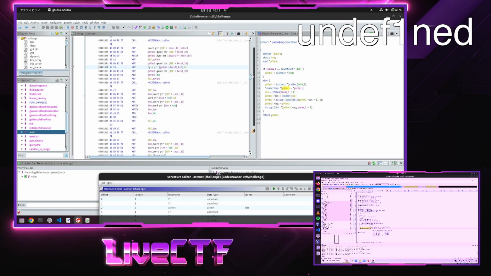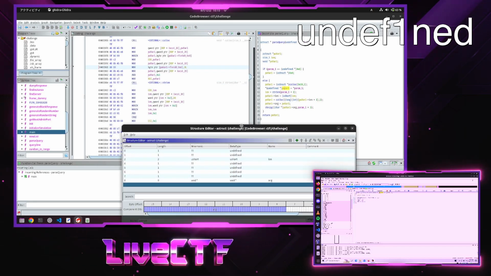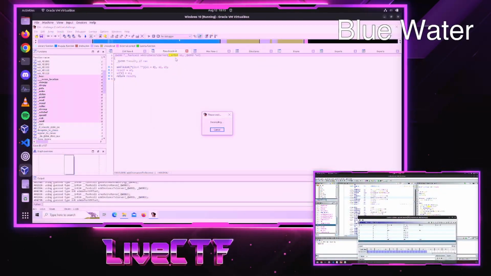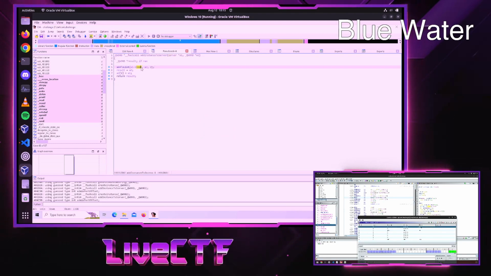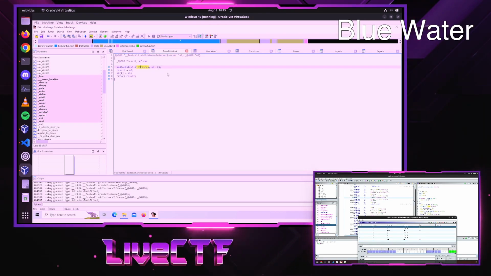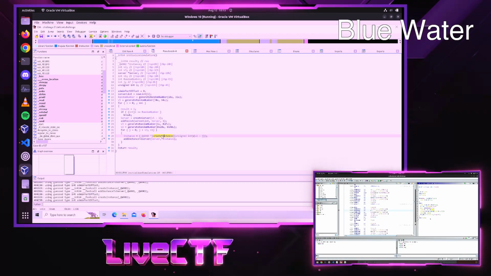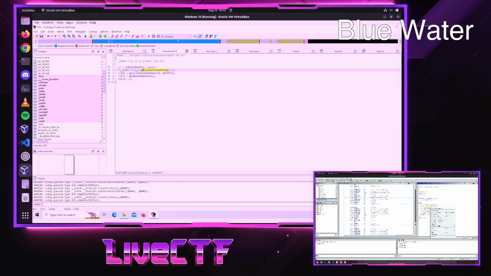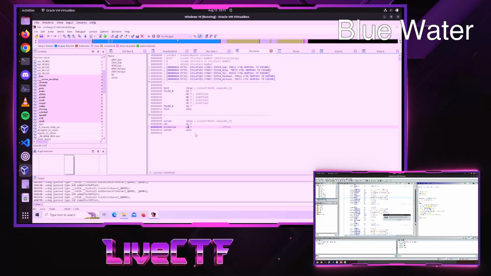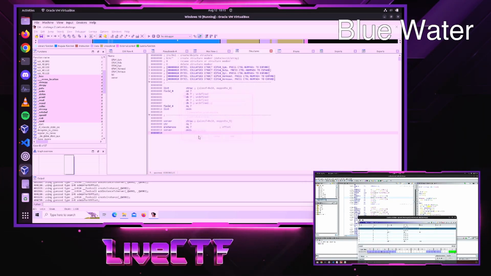So let's switch over and look at Blue Water here. All right, so they're going through. Now this binary isn't stripped, is it? No. Okay, so they have some symbols to work with in the beginning.